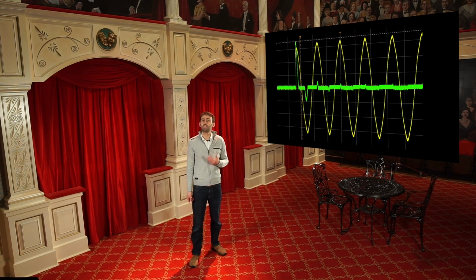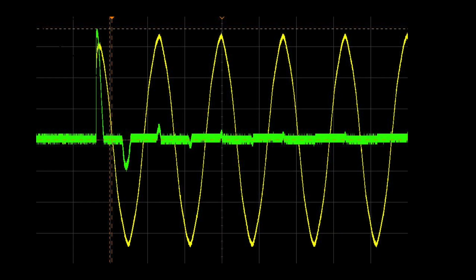In this image, the yellow is showing the supply voltage and the green the current, which spikes and then normalizes. For a ColorSource Spot Junior, which is a maximum power draw of about 160 watts, or 0.7 amps at 230 volts, the inrush over the first half cycle of mains power is 45 amps.